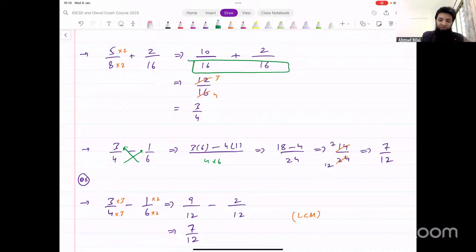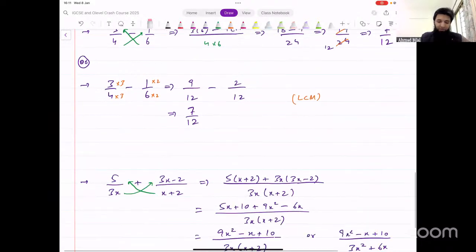For the first fraction, we multiplied and divided the fraction by 2. So we multiplied by 2 in the numerator, and we also multiplied by 2 in the denominator, and that converted the fraction to a form with 16 in the denominator, and then we just added the fractions. Okay, so that's what we did.